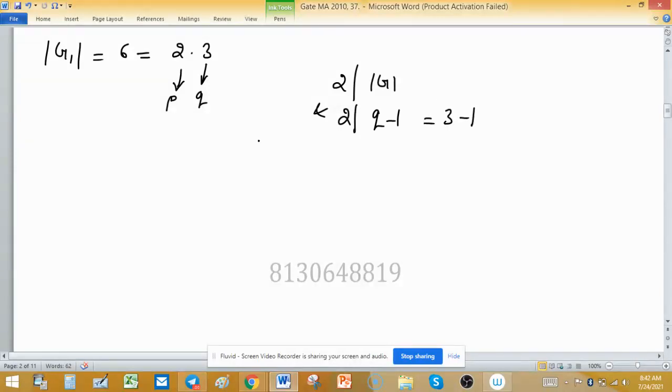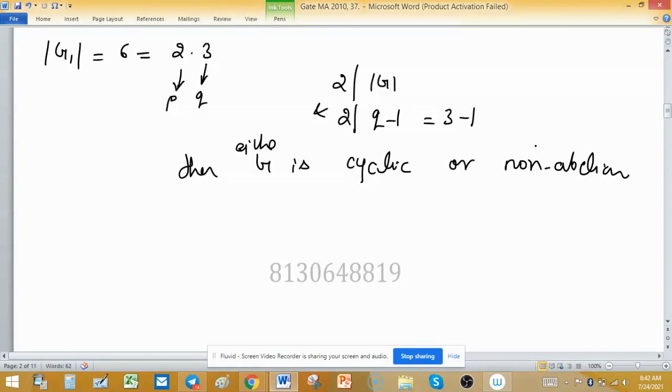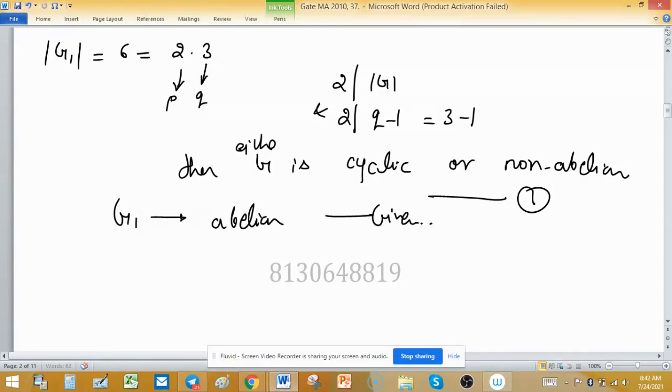Then G is either cyclic or non-abelian. But G1 is given as abelian.